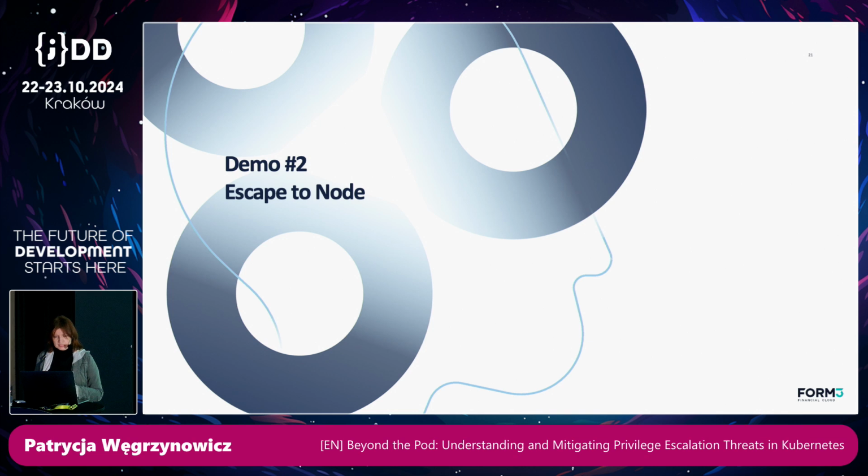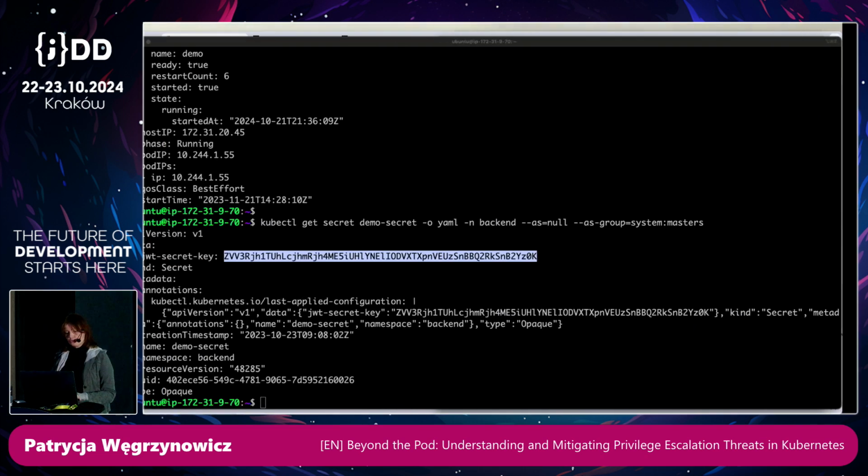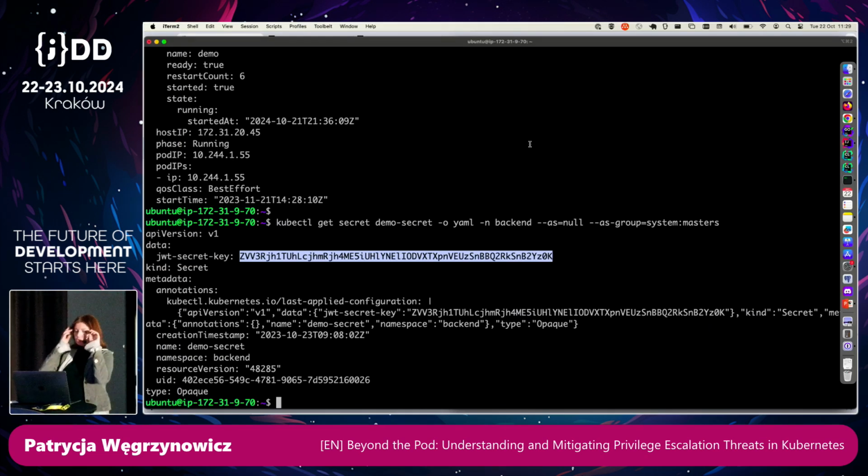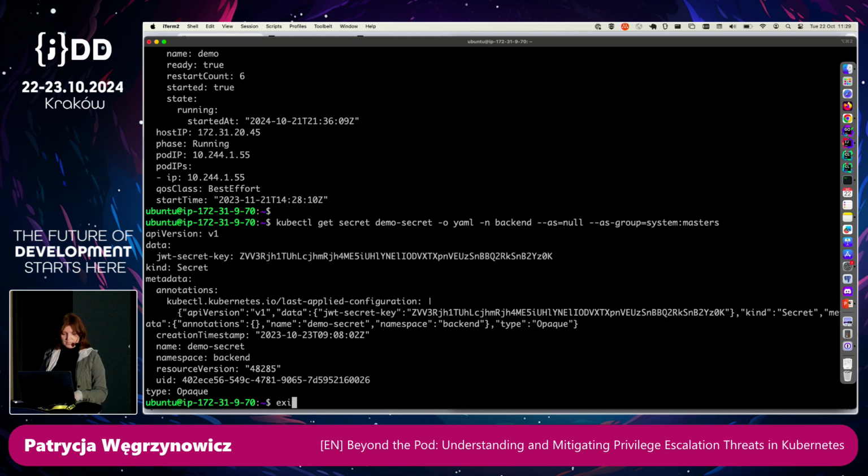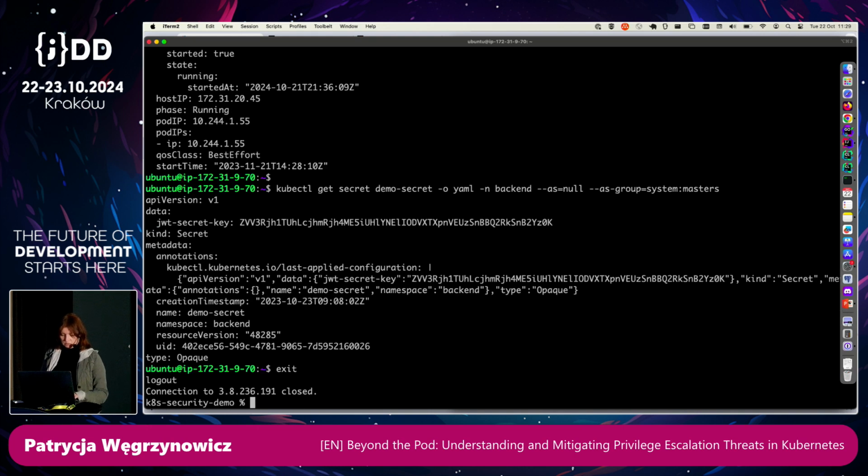So let's move to escaping from our pod to node, and I can show you how we can use pod creation permission that allows you to create custom pods. So now I'm still in, no, I'm inside a pod, nope.